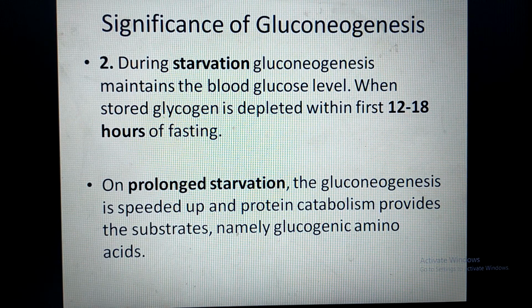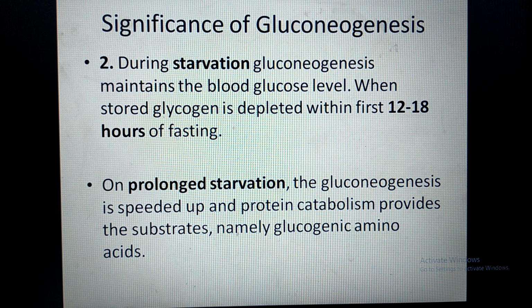During starvation or the fasting state, the blood glucose level tries to decrease. Up to 12 to 18 hours, the blood glucose level is maintained by the process of glycogenolysis, which is breakdown of glycogen to glucose. But after that, the glycogen stores of the body get depleted. Now gluconeogenesis is the only pathway responsible for maintaining the blood glucose level.